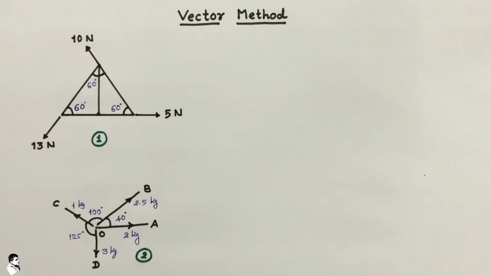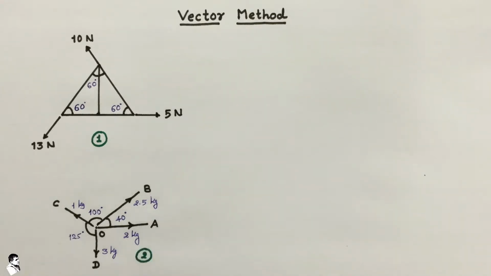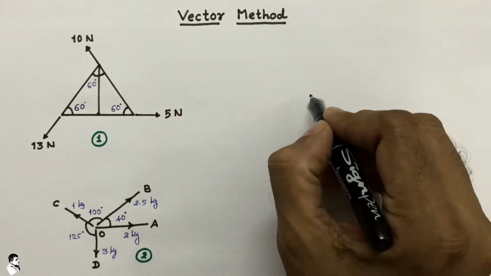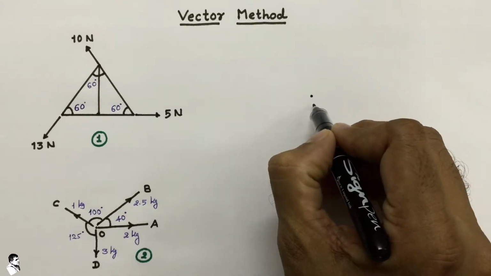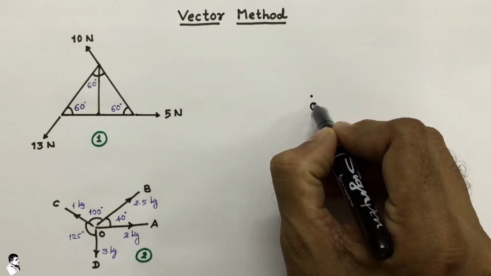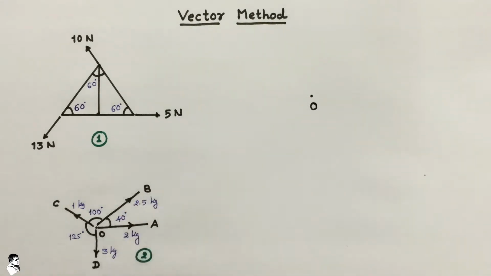So here we have to first select the first force system, and for that force system we have to provide one point O, and from that point O we start with the first force, that is 5 Newton.